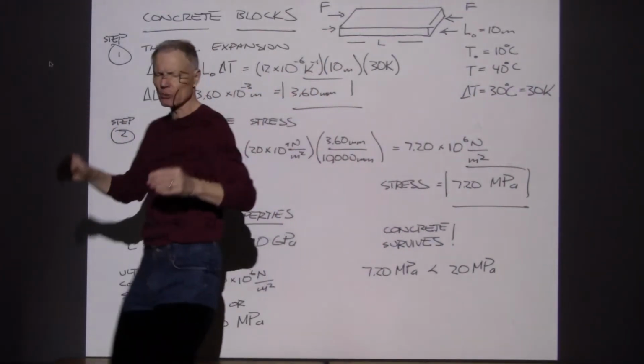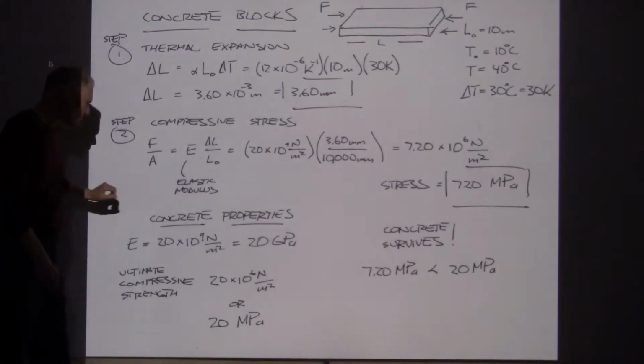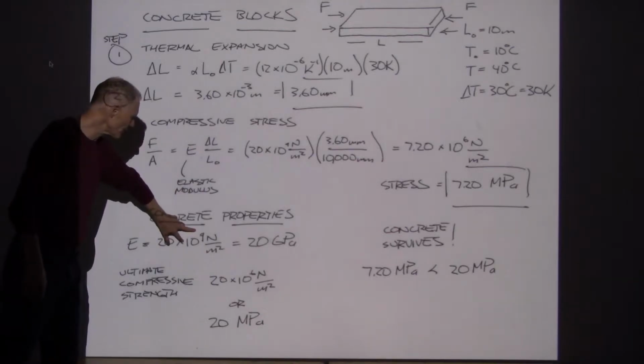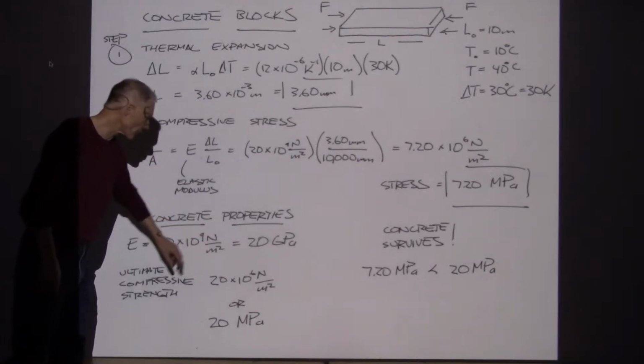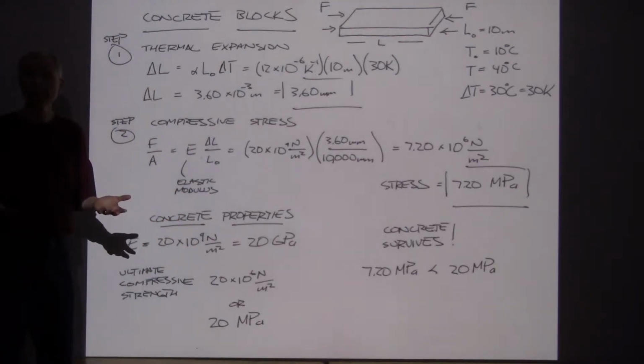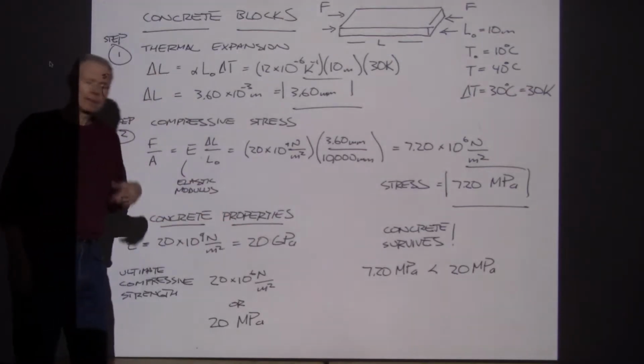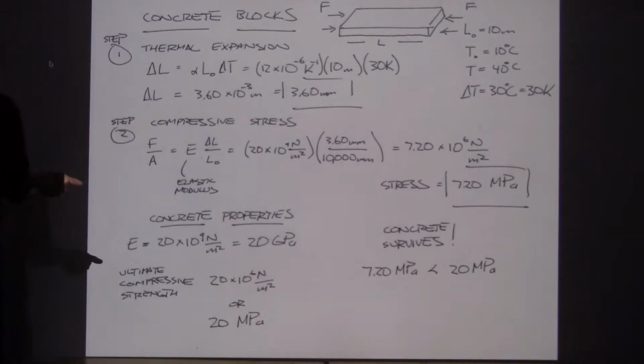Now, these are just some numbers I looked up for the concrete. It said that the elastic modulus for concrete is 20 times 10 to the 9th newtons per square meter. In your engineering classes, material science, that's going to get listed as 20 gigapascals.